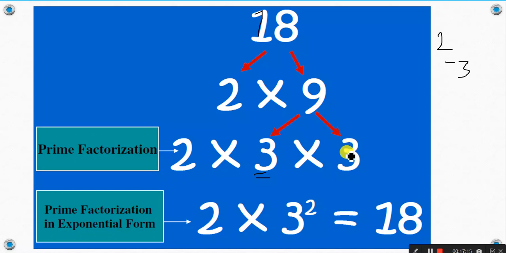When we get a prime number, we stop dividing. So 18 is 2 times 3 times 3. 2 times 3 is 6, 6 times 3 is 18. So we can write 18 like this with prime factorization.